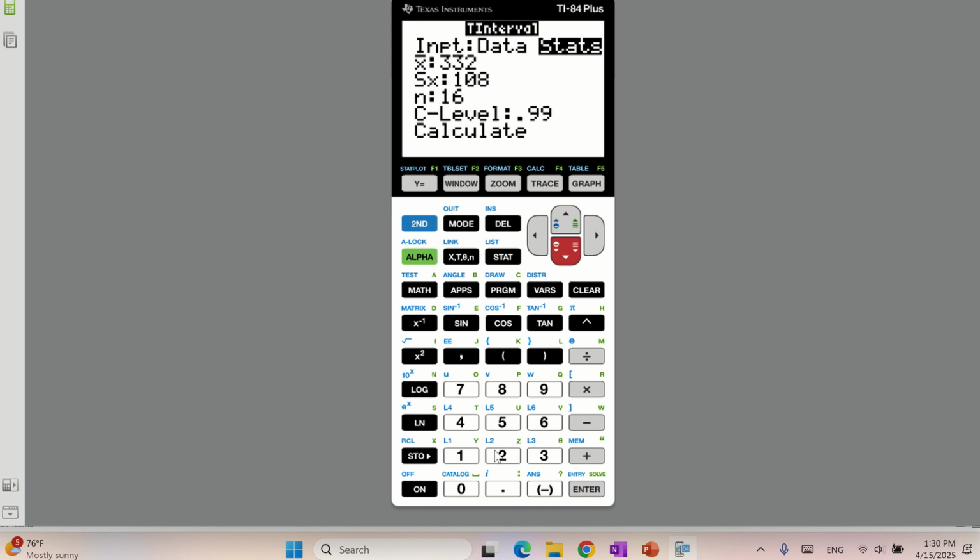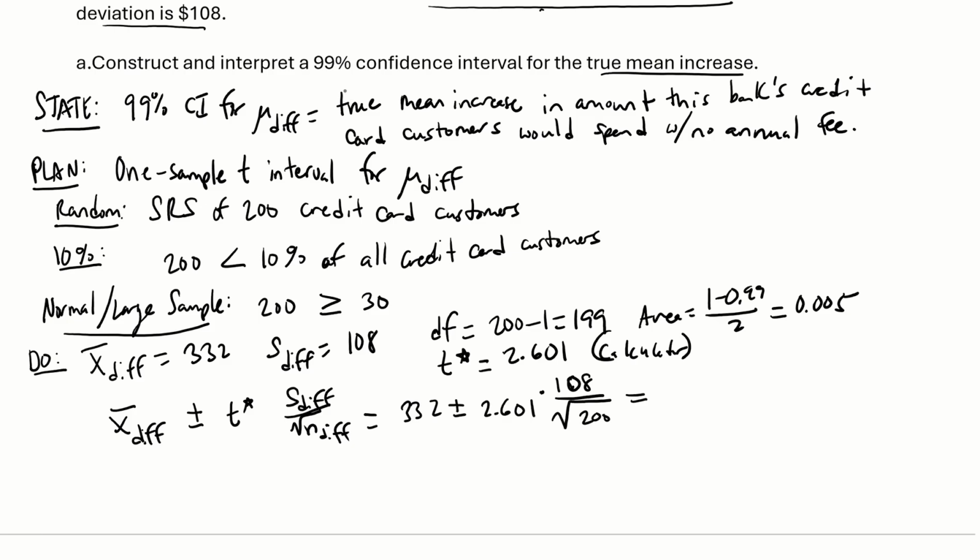We had 200 customers and 0.99. All right, so it looks like we get our confidence interval, 312.14, 351.86. So let me put that here. All right, so there you go.